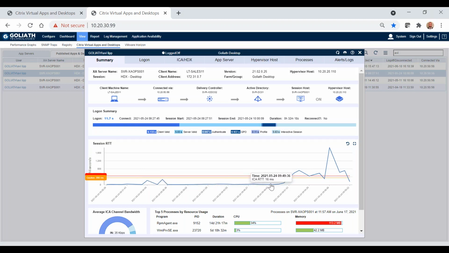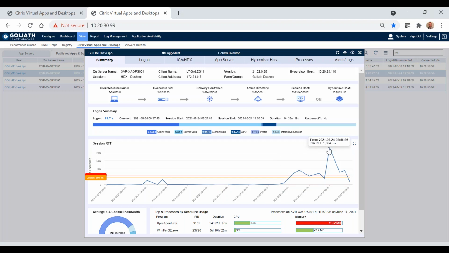For the majority of the session, the user had a decent experience, but what we can see at the end of the session is that round trip time then got all the way up to 1800 milliseconds. And because we have these data interpretation lines, the orange and then the red one set at 350 and 450 milliseconds, anyone can quickly see that round trip time was fine for the first three quarters of the session, but at the end, it was above those critical thresholds.